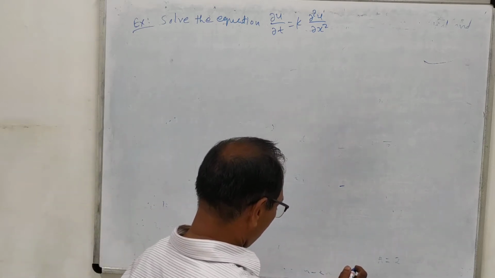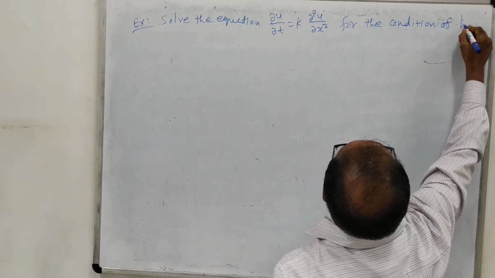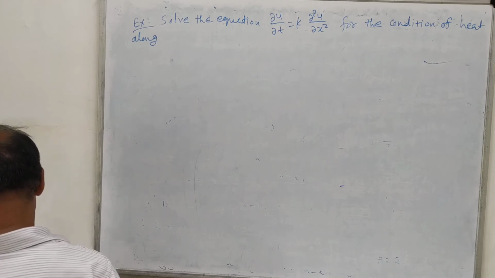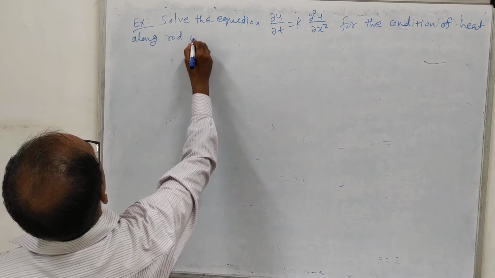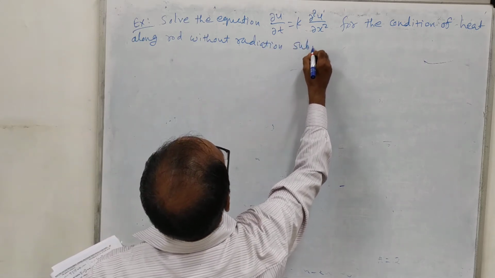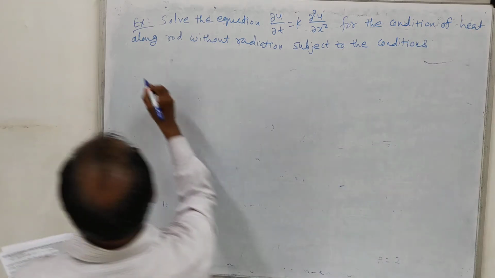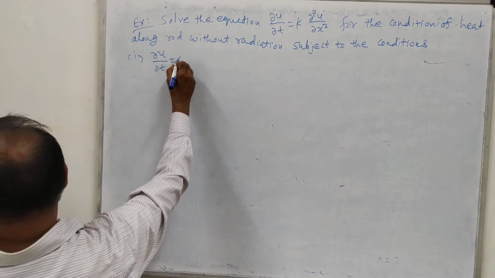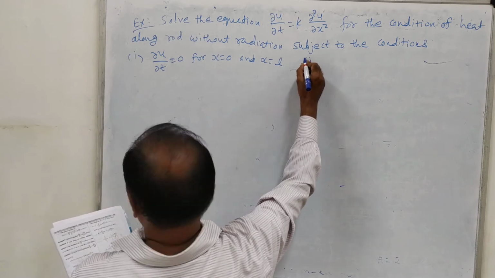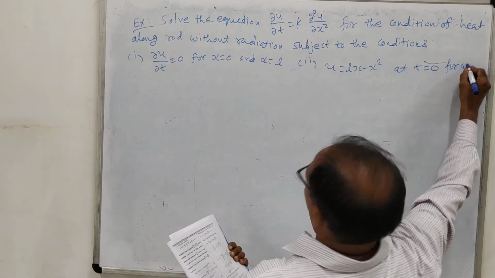For the condition of heat flow along a rod without radiation, subject to the conditions: one, del u by del t equal to 0 for x equal to 0 and for x equal to L. Two, u equal to Lx minus x square at t equal to 0 for all x.